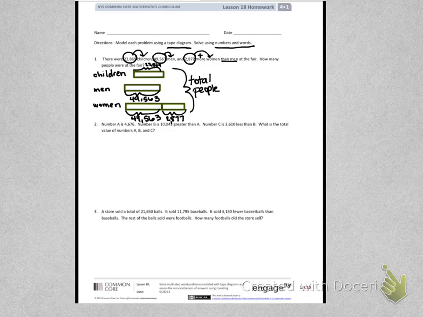So to calculate that total people, we need to just start adding up all of our numbers. We had 22,869 children. We have 49,563 men. And for women, we have 49,563 plus the added 2,872.